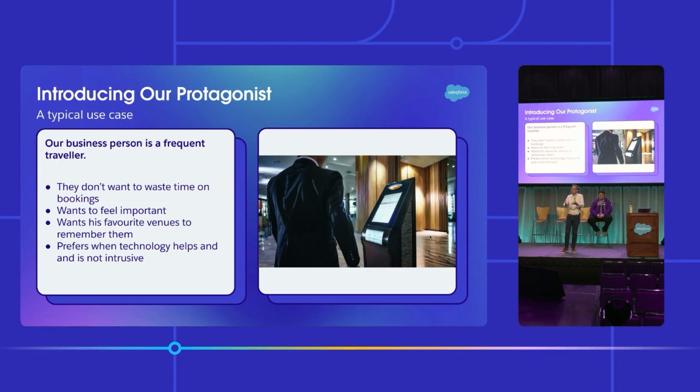The way that that's going to be achieved is by those venues remembering what you prefer, your likes, your dislikes. All of those sorts of things become really, really important when you travel a lot. They can be minor things as well, but they become super important. And the last point, which is probably the most important, is that the traveler is going to prefer when the technology helps them and isn't intrusive in their life. Does that all make sense?